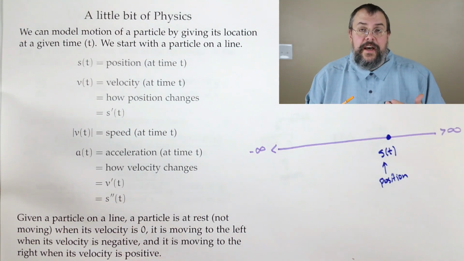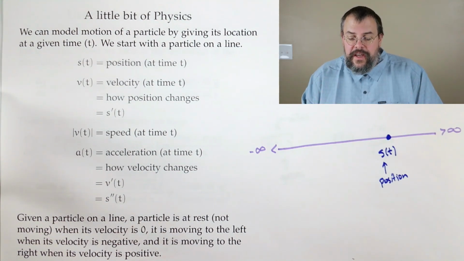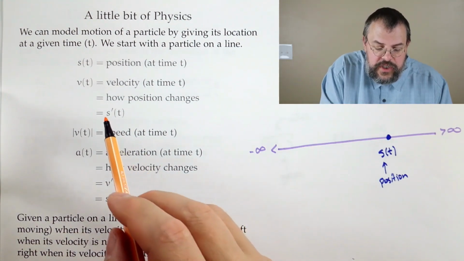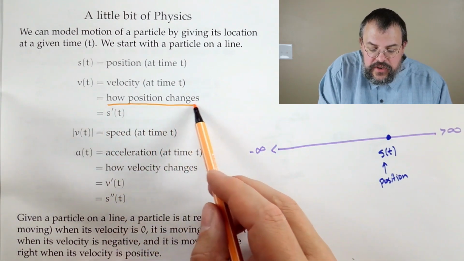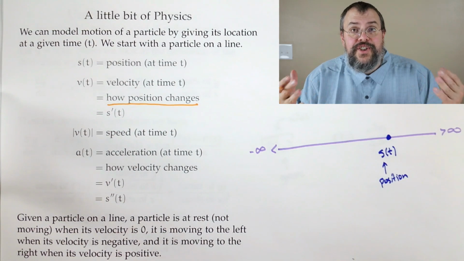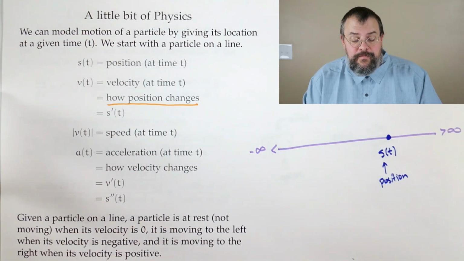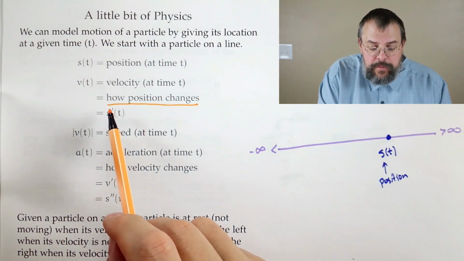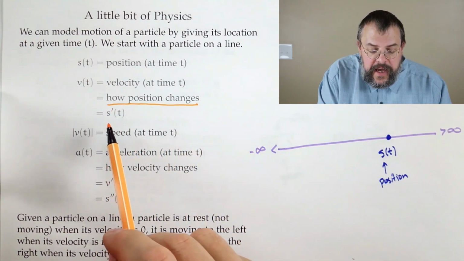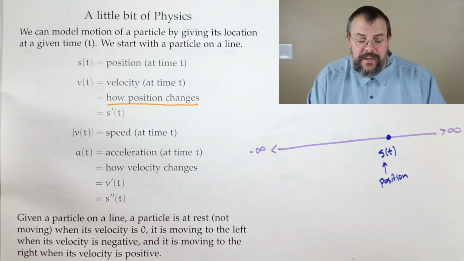The first thing we can ask is, what's the velocity? Now, the velocity is really trying to get into the question, how does position change? Whenever you see a question, how does something change? What you're really asking is, what's the derivative? So when we talk about how position is changing, that's asking, what can we say about our S prime of t?